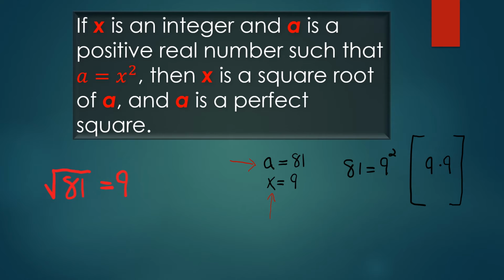And a is a perfect square. In other words, 81 equals 9 squared.